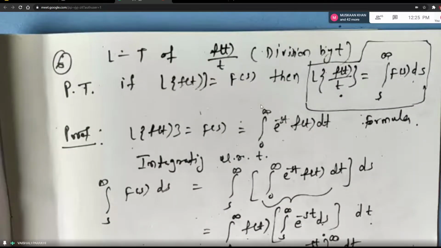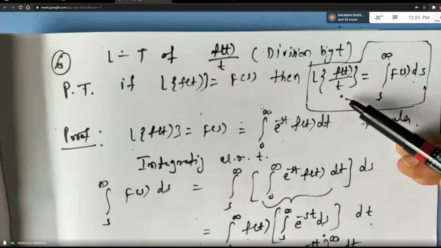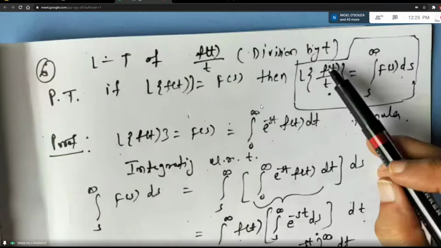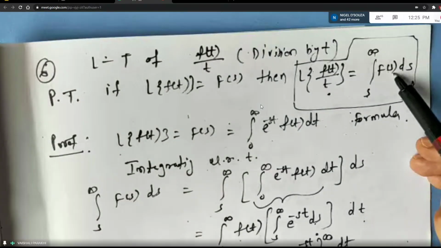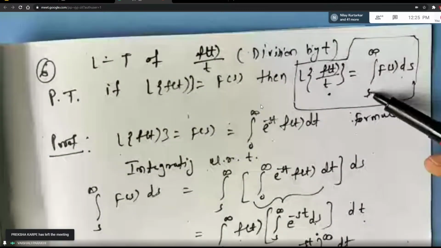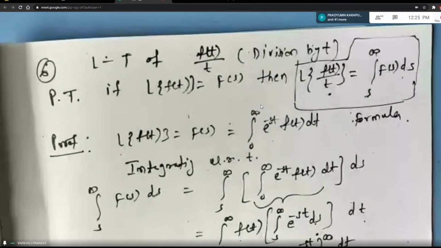Let me repeat the working rule which we have already used while solving examples. I told you to ignore t from the denominator first. Get the Laplace transform of the numerator, which we denote by f of s. And whatever answer you get, you have to integrate it within the limits s to infinity.